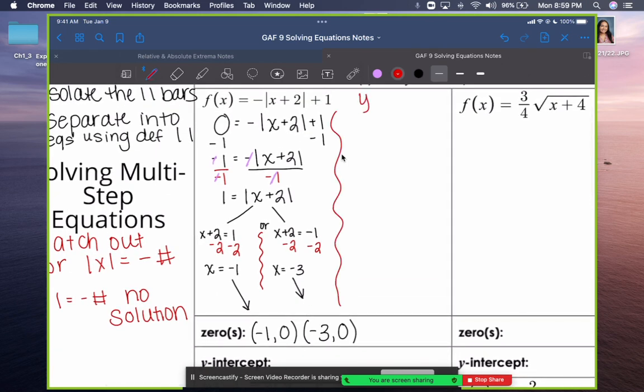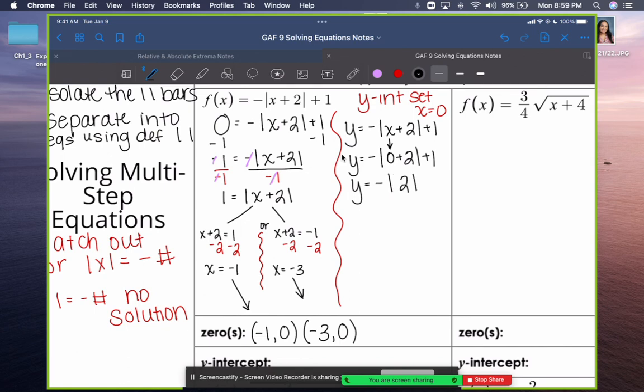okay, our y-intercept, remember we're going to set x equal to 0. Okay, so we have y equals -|x plus 2| plus 1. Go ahead and put 0, negative plus 1. Okay, so y equals 1.